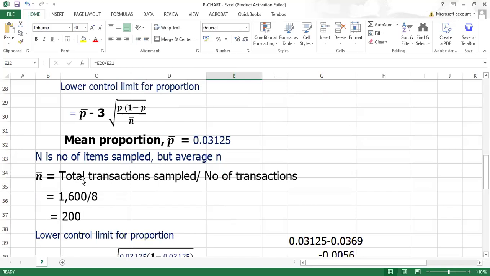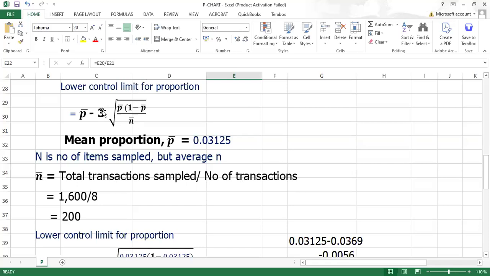That is the total transactions sampled divided by the number of transactions. To get this N bar, please don't take this N as the sample, you will make a mistake. N bar is the total transactions sampled divided by the number of transactions or the number of samples.